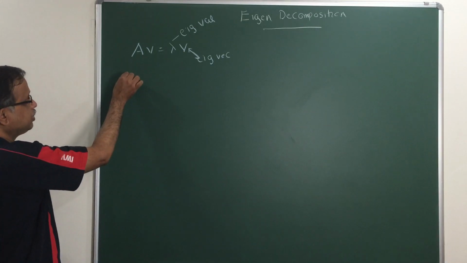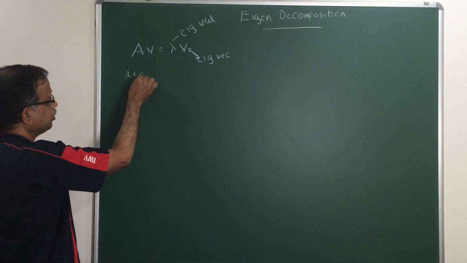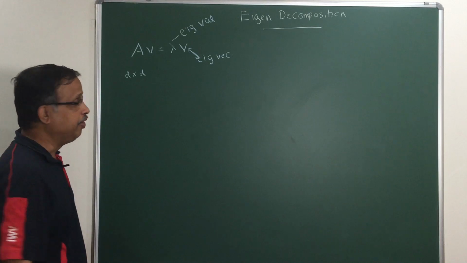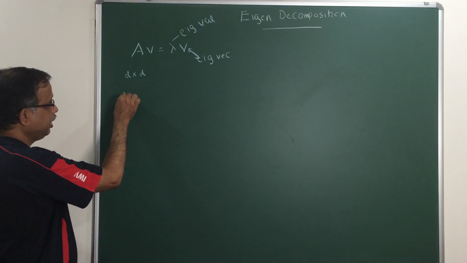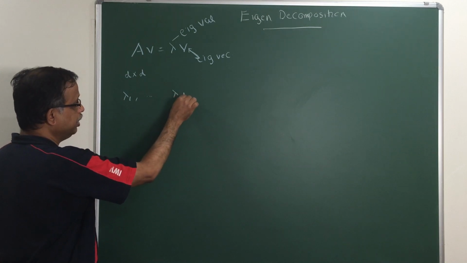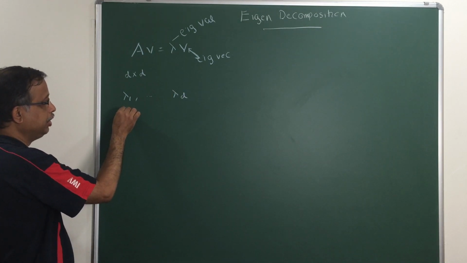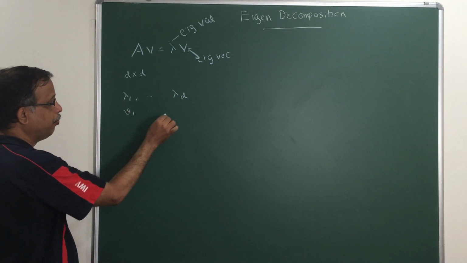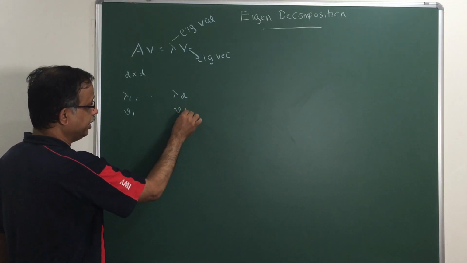So if A is a D by D matrix, we may have D eigenvalues lambda 1 to lambda D and D eigenvectors V1 to Vd.